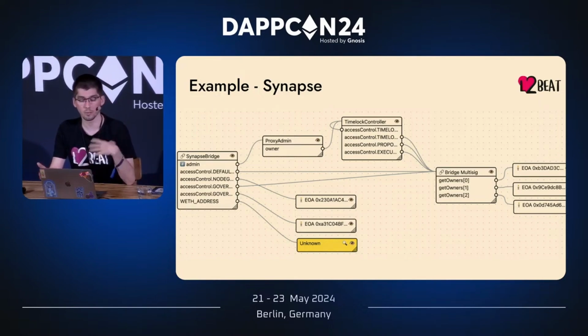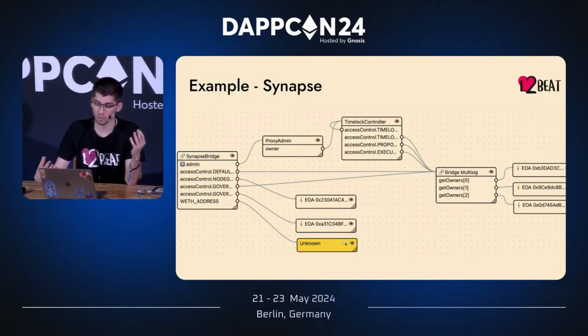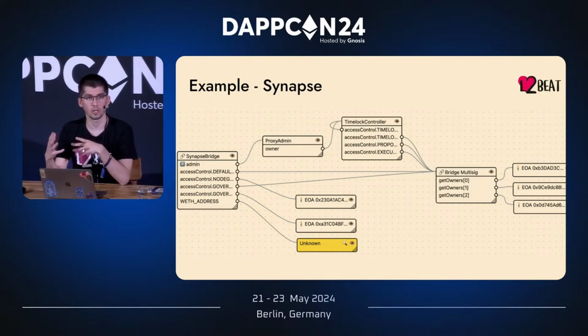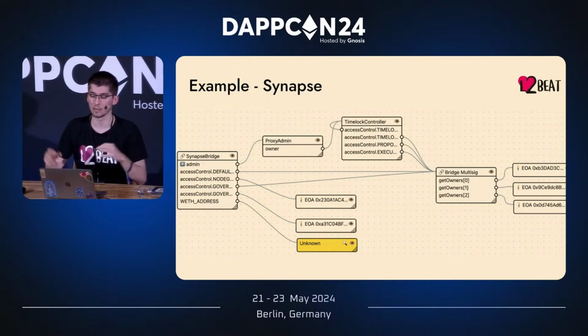Then the proxy admin has an owner, which is the timelock controller, and the timelock controller has an admin, which is the bridge multisig, and this is actually the controller of the entire system. We were able to draw this diagram using our discovery tooling that, as I said, recursively goes through the smart contracts, calls the methods, gets the values, and maps the entire system.